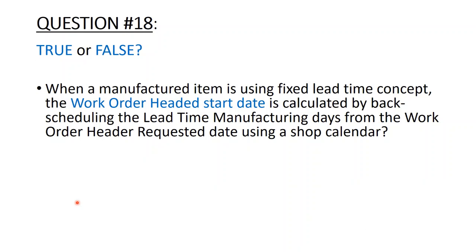Next question, true or false? When a manufactured item is using fixed lead time concept, the work order header start date is calculated by backscheduling the lead time manufacturing days from the work order header requested date and using a shop calendar.